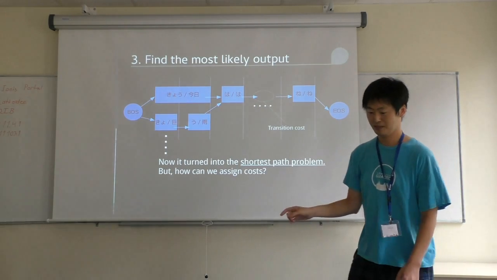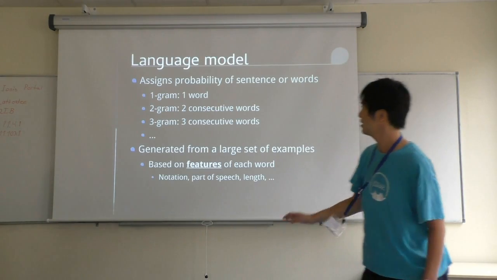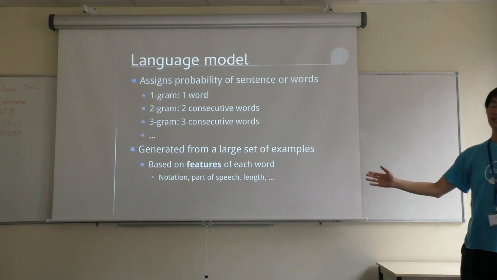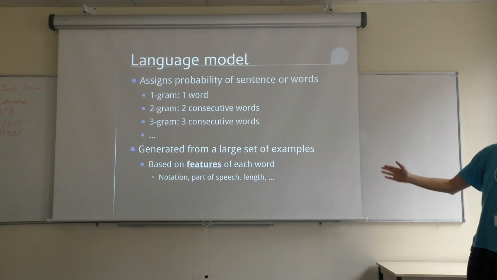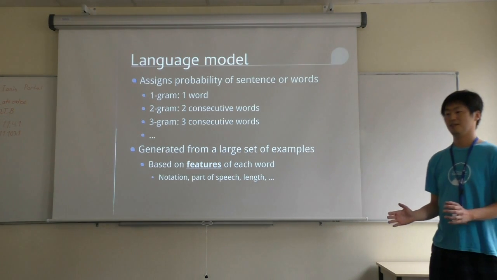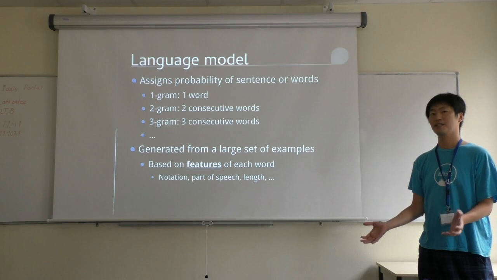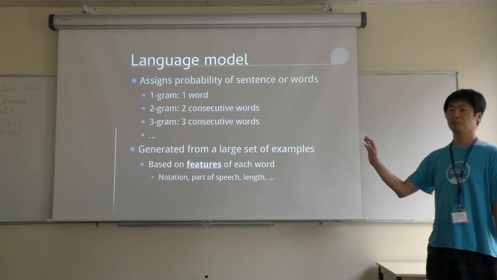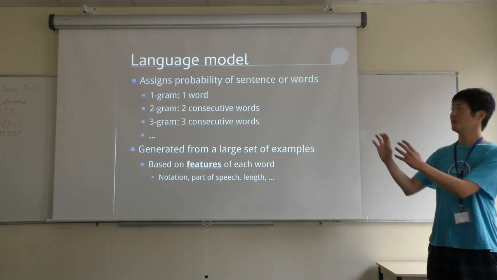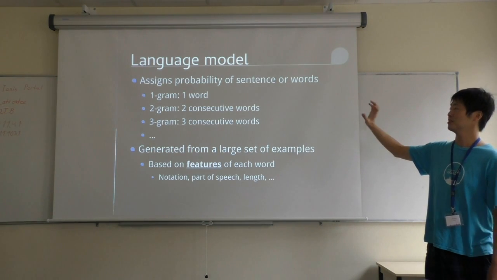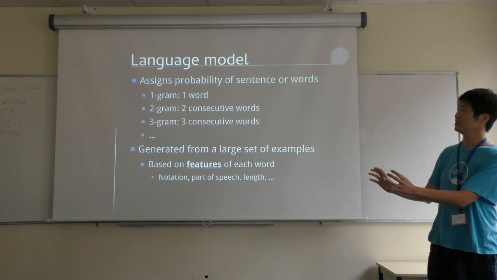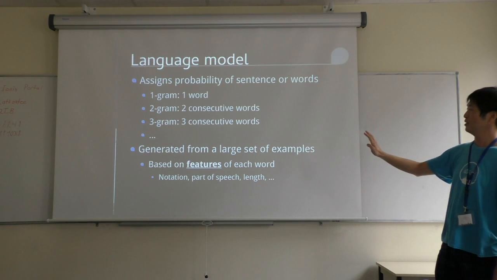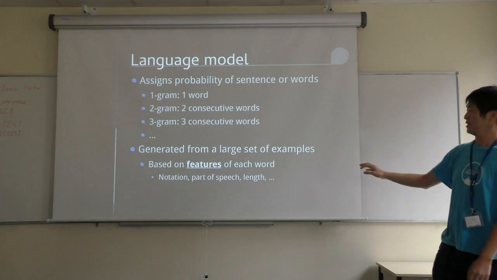We use a data model called a language model, generated from a large corpus, which assigns probabilities to single word occurrences, or 2 consecutive word occurrences, or 3 consecutive word occurrences.